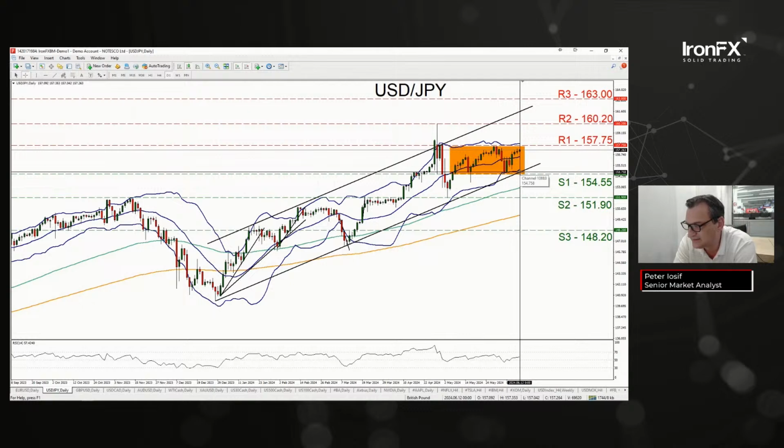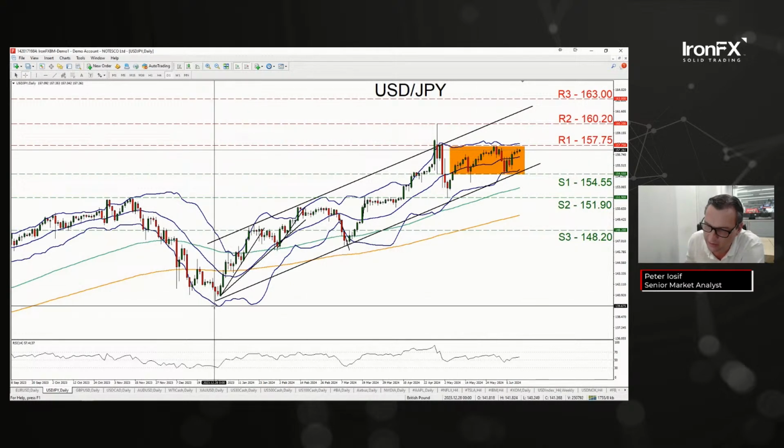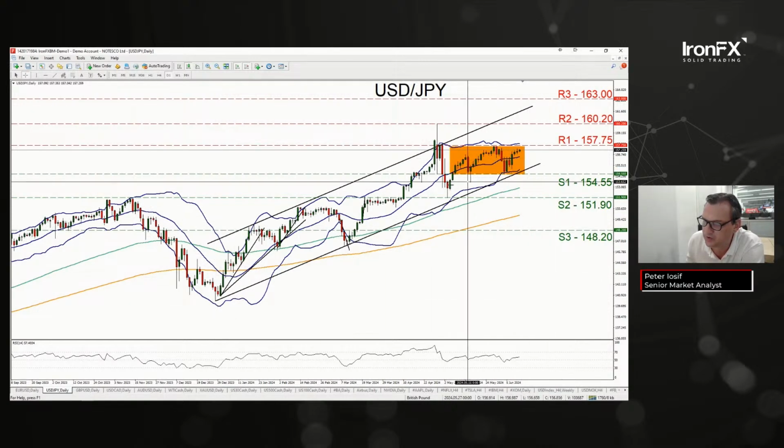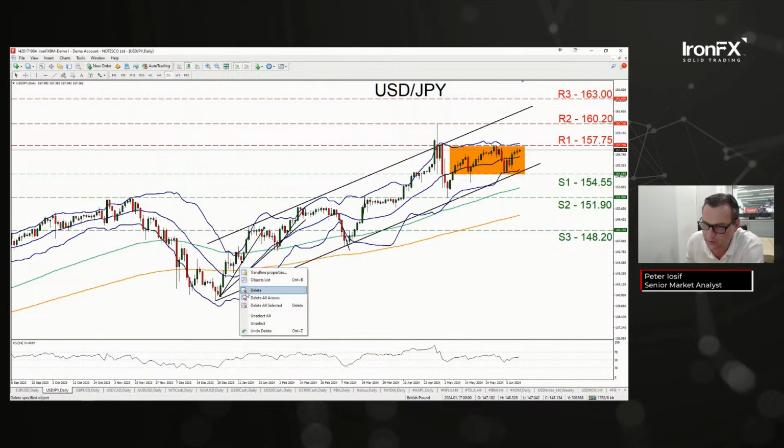And on the other hand, though, we have to note definitely the upward channel within the boundaries of which the pair has been moving since the start of the year. So more or less, once again, we tend to maintain a bias for the sideways motion to continue, yet bullish tendencies cannot be excluded.